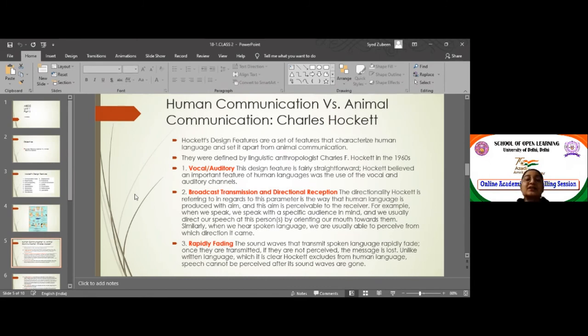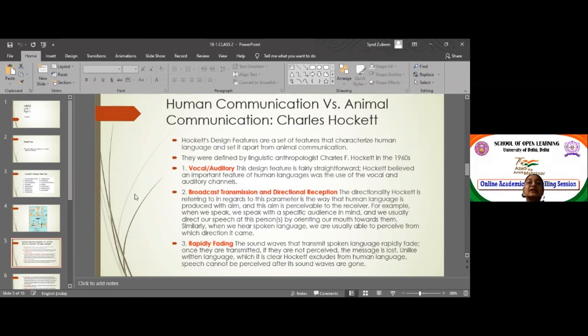All right. So vocal and auditory channel is very specific to human beings. Then broadcast transmission and directional reception. The directionality Hockett is referring to in regards to this parameter is the way that human language is produced with aim, and this aim is perceivable to the receiver.